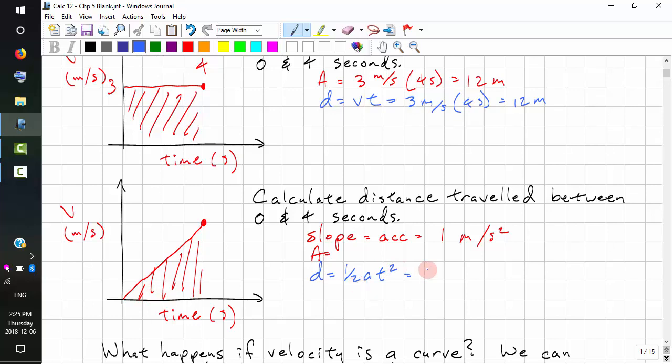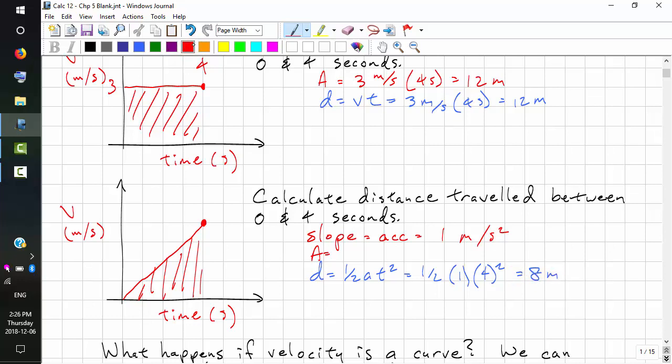So we have 1/2, a is 1, and t squared, that's 4 seconds. If we use the units here, this is second squared. We have second squared in the denominators, and we're left with 8 meters.